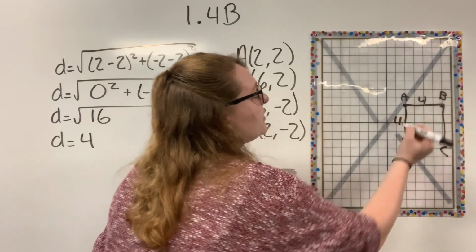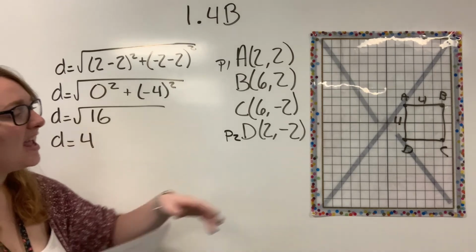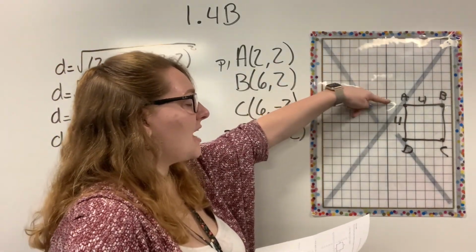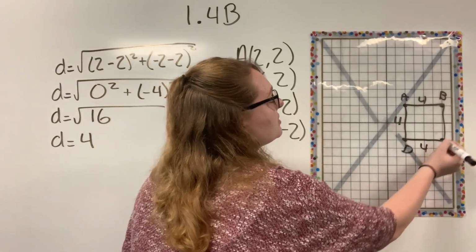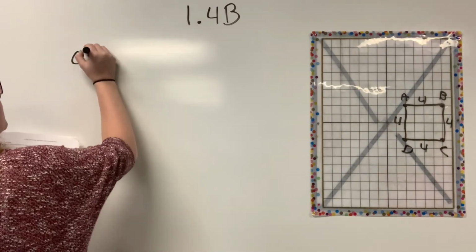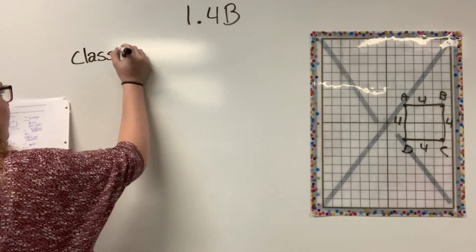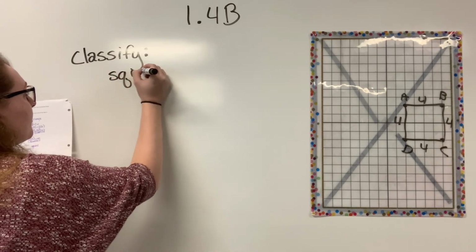So the distance between A and D is 4 units. Since AB is 4 and AD is 4, we know this is a square, and we know that the other two sides are also 4s. So this is a square. Awesome. So when it asks you to classify the shape, you get to write square because you tested it.